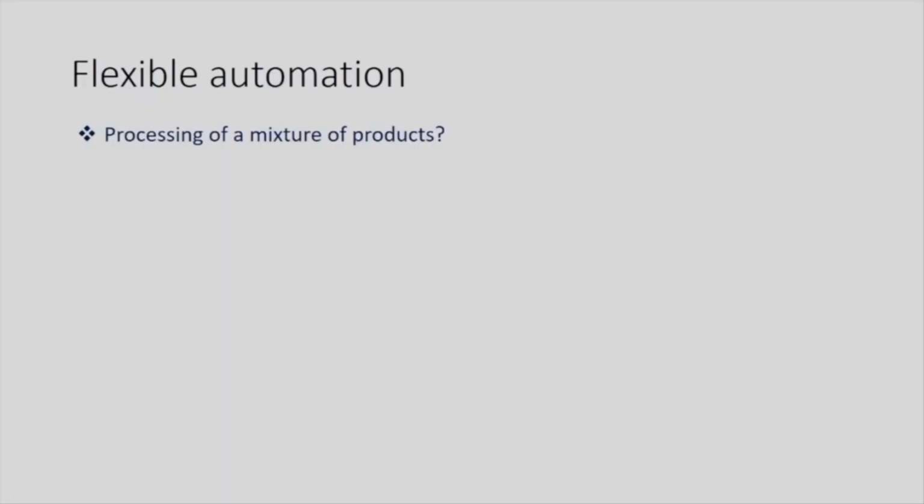So, the next type of automation is flexible automation. As we have seen, when we want to process a part family, the part family has a number of products, and if we want to manufacture a single product in batches, we go for programmable automation.